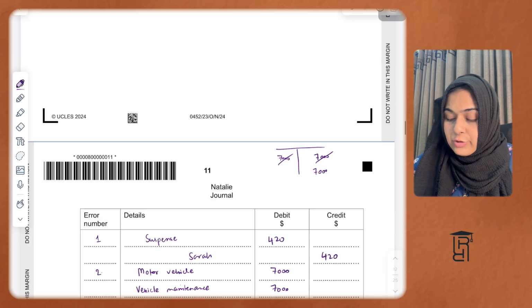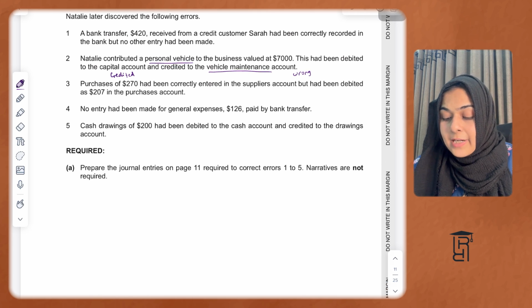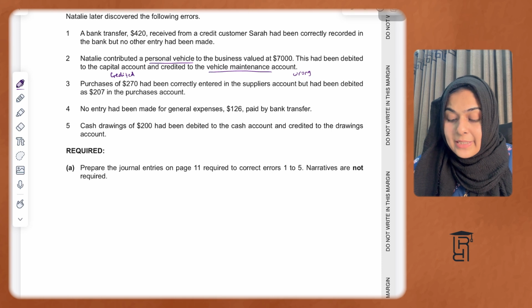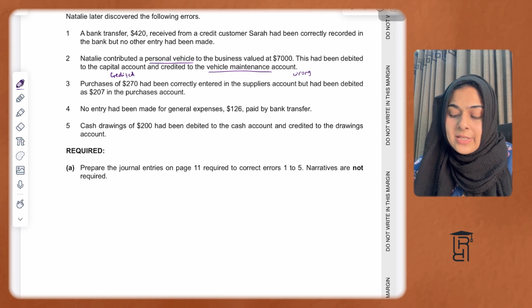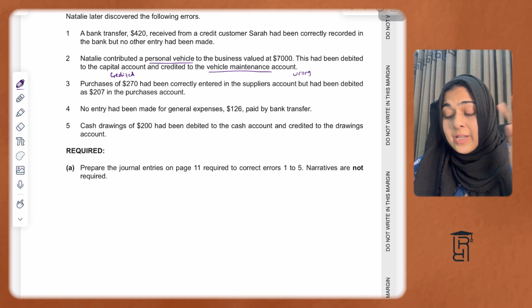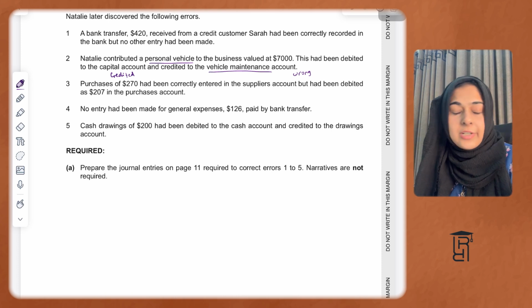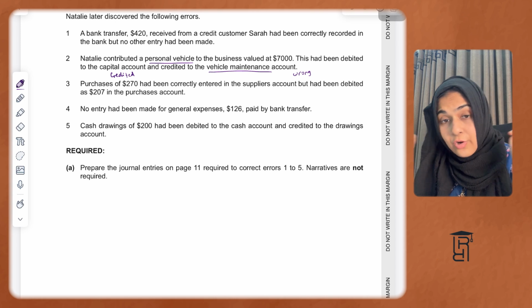So error correction number 3. Purchases of 270 had been correctly entered in the supplier's account, but had been debited as 207 in the purchases account. So the correct entry, whenever you purchase goods on credit, you do purchases debit, supplier credit. So when we credited the supplier's account, we had written 270 on the credit side.